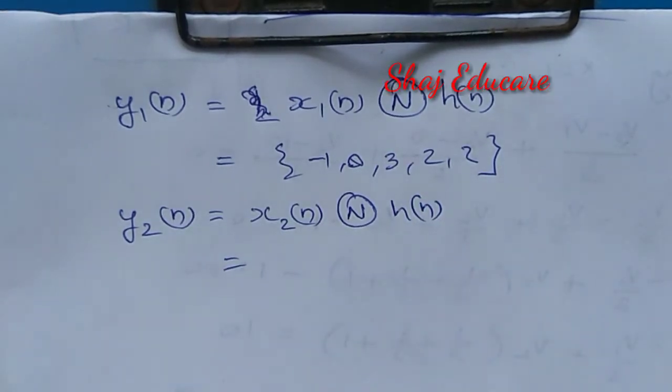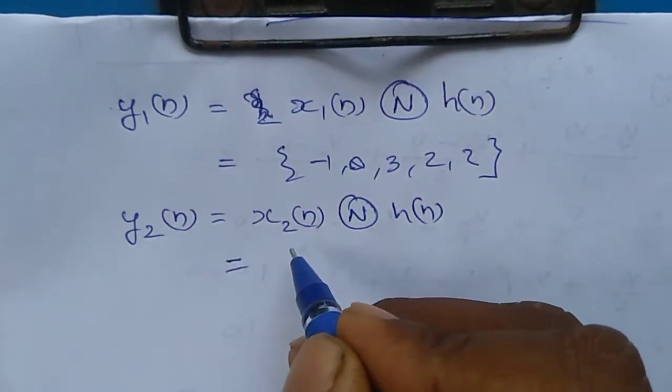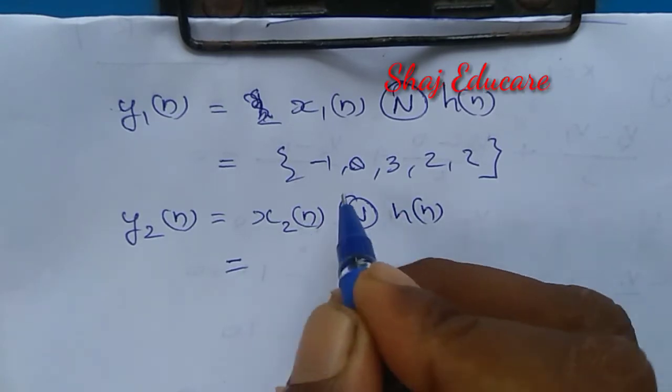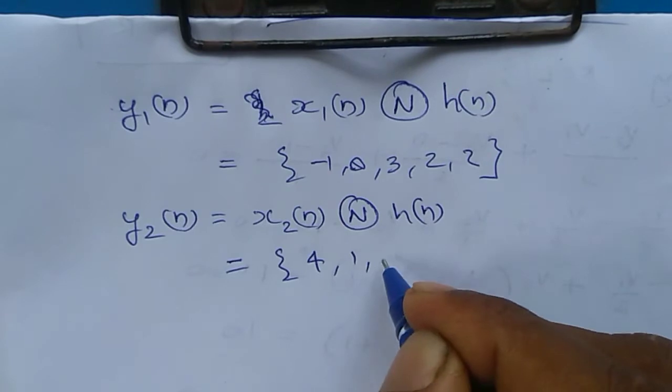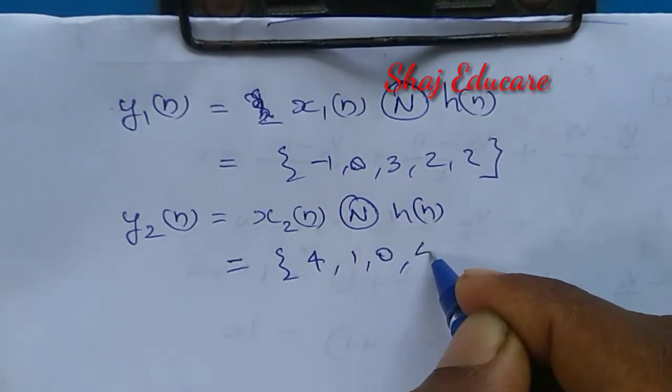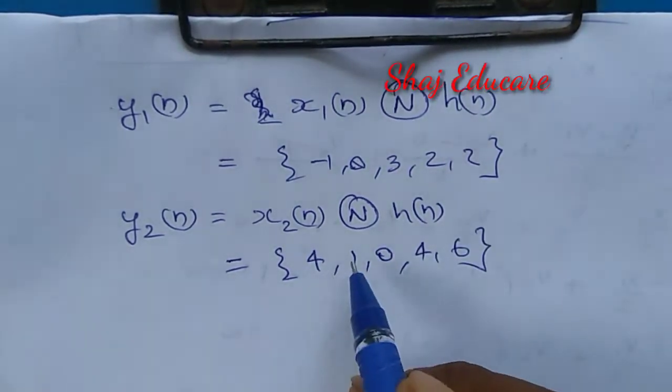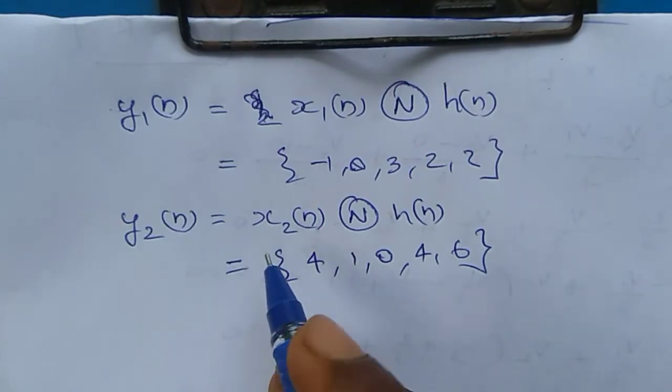Anyway, you can find it by any means, either using circular convolution or the matrix multiplication method. I am going to write the result, that is equal to 4 1 0 4 6. That is the result of y2.